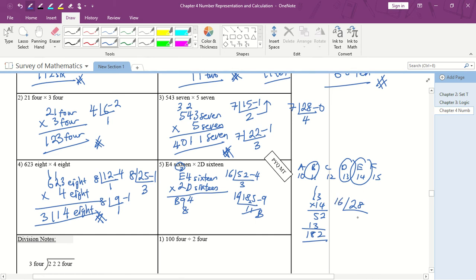And we know it is 1, then the remainder is 12. And we know 12 is C. So this one will become 1 and this one becomes C.